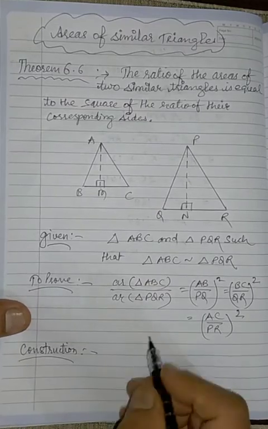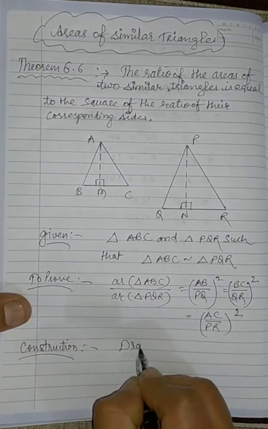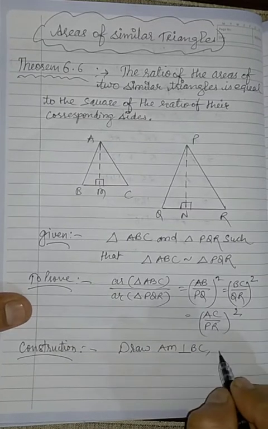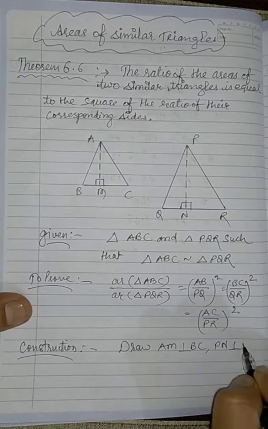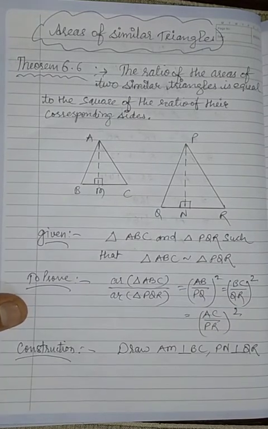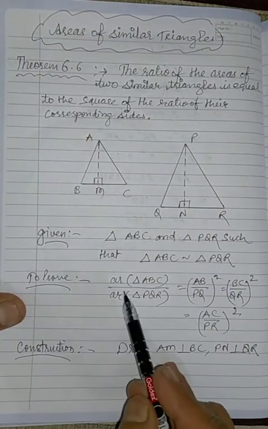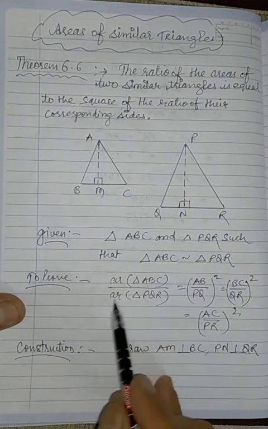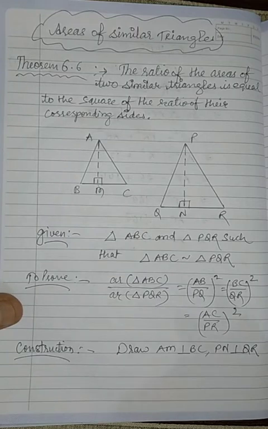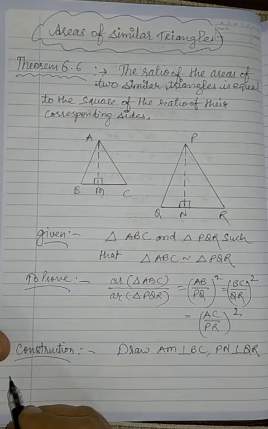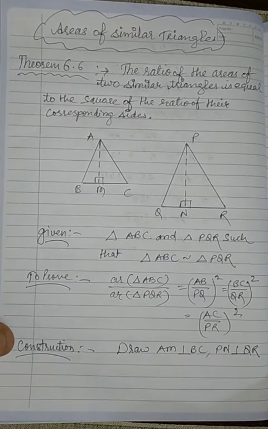Draw AM perpendicular to BC, PN perpendicular to QR. And these perpendiculars will also help us to find the area of triangle ABC and area of triangle PQR. We can apply the formula of half into base into height. So for this also we need the perpendiculars. Now let us prove it.